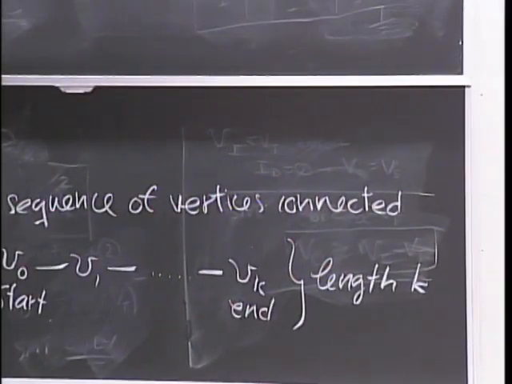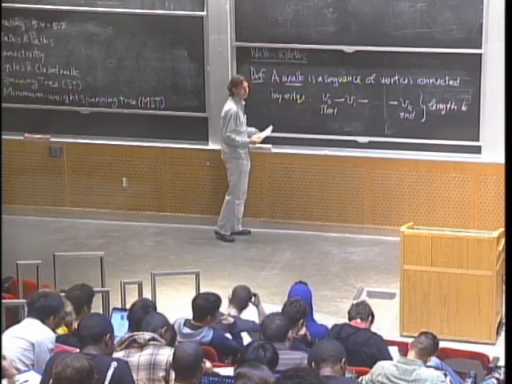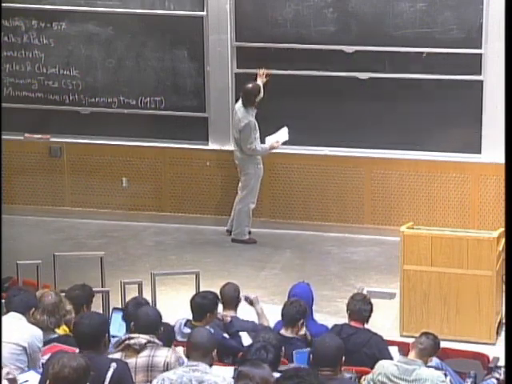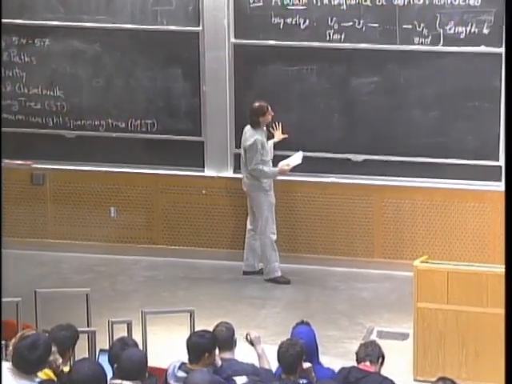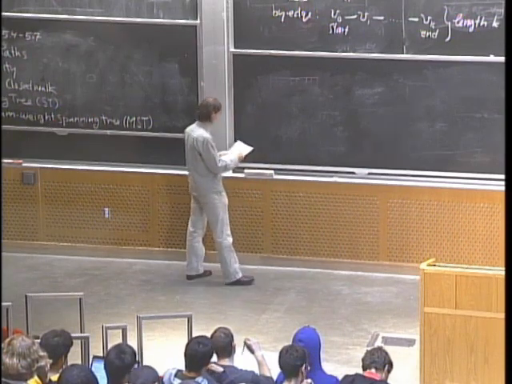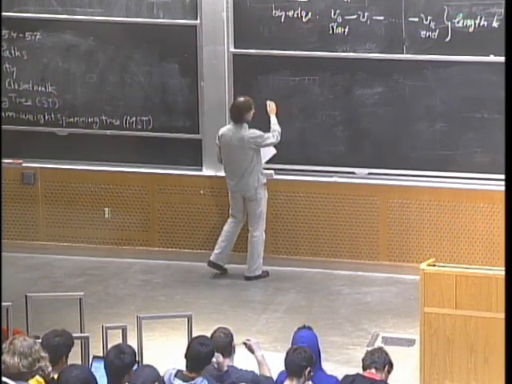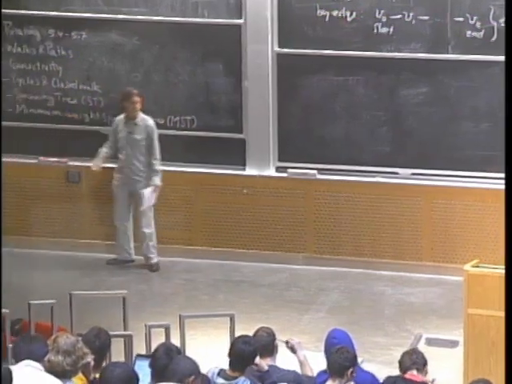So this is a very basic notion, and what we are really interested in is actually paths. And paths are special types of walks in which all those vertices are actually different from one another. But let's first give an example of a graph that we will study throughout the whole lecture, especially when we come to spanning trees.